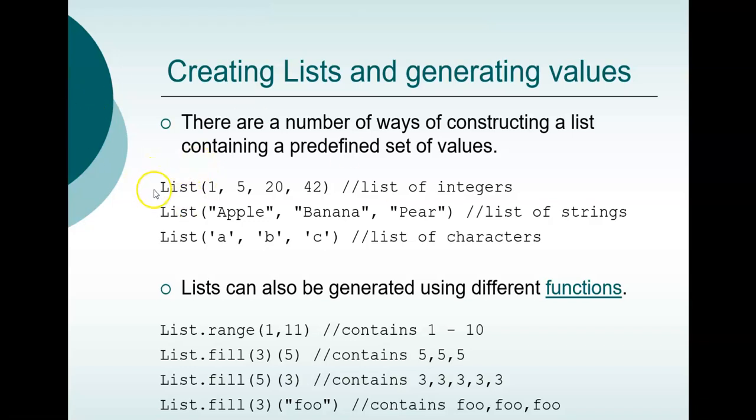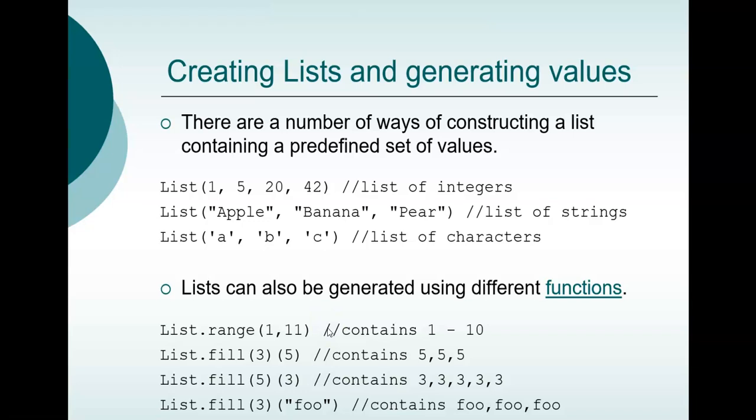Here we are generating a list of integers 1, 5, 20, and 42. Here we are creating a list of strings: apple, banana, and pear. Here also we are creating a list of characters: A, B, and C.